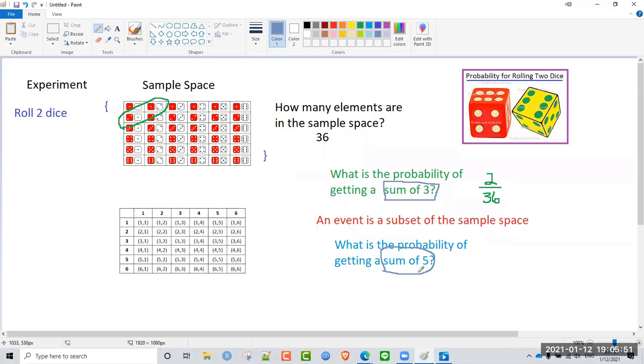Okay, so now again, an event is a subset of the sample space, and here is the sample space, and the event is a subset. So is this in there? No. How about this? No. How about this? No. How about this?